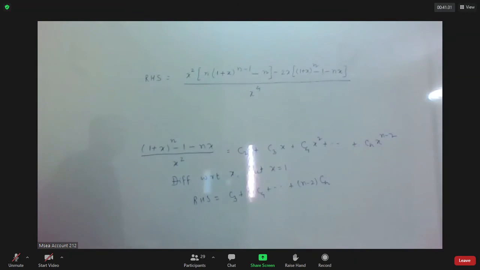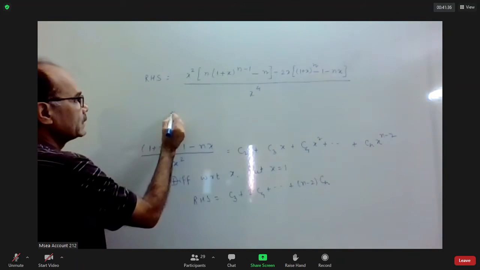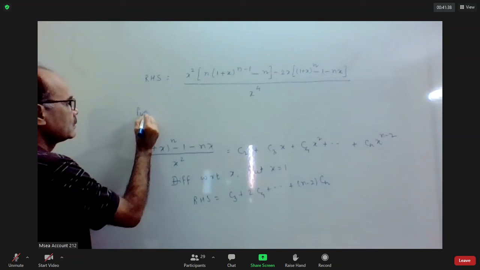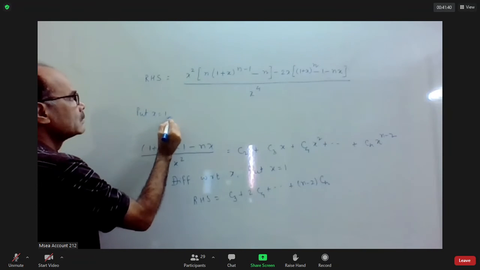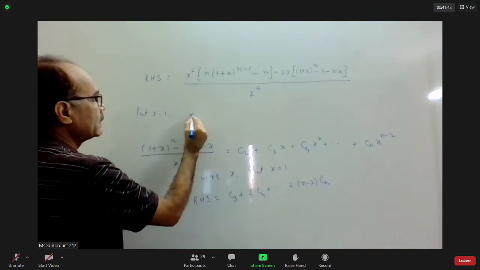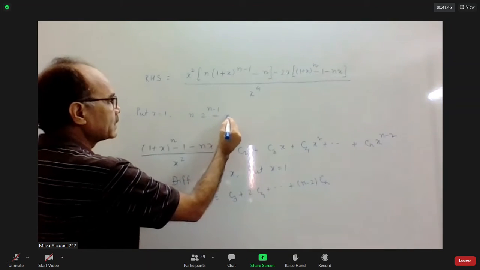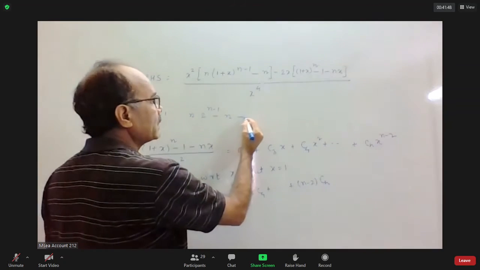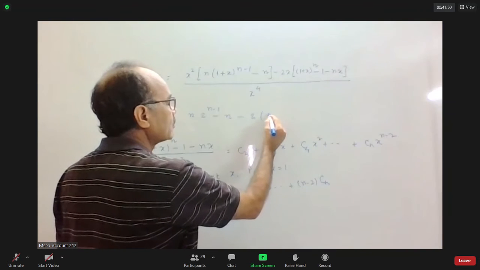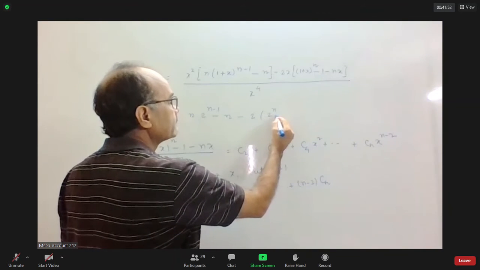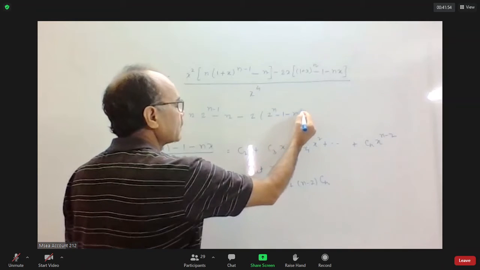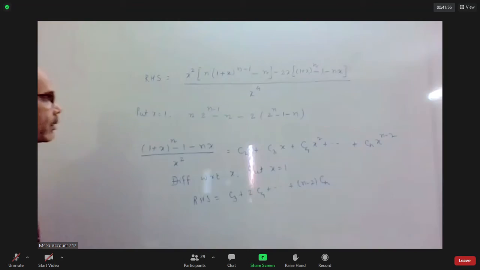Now putting x equal to 1, this will be n into 2 to the power n minus 1 minus n, minus 2 into 2 to the power n minus 1 minus n.